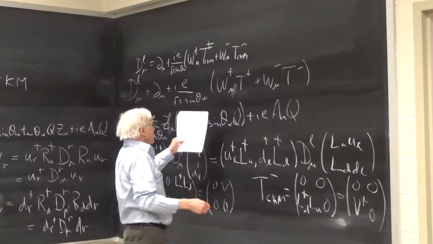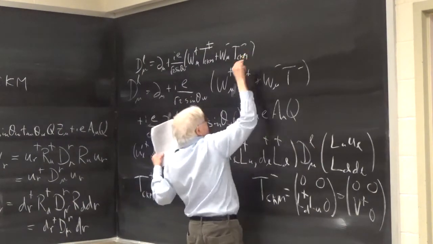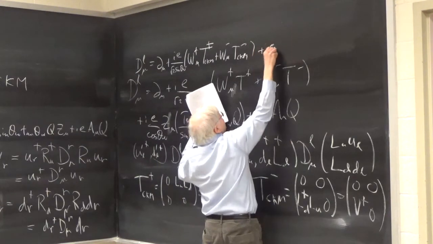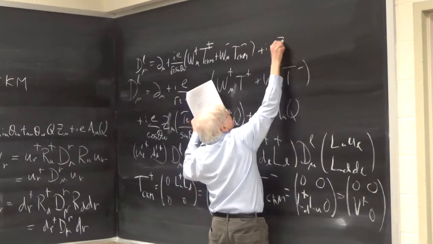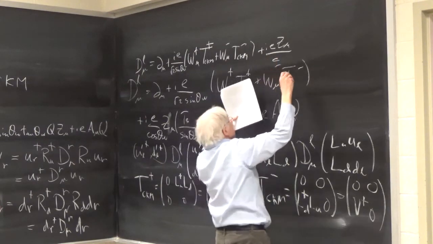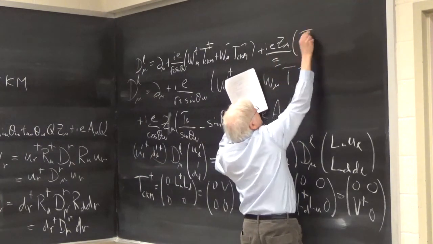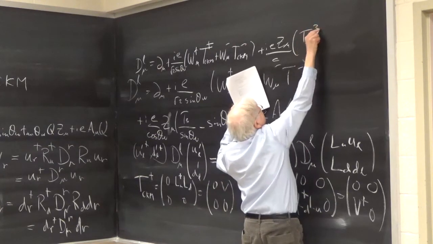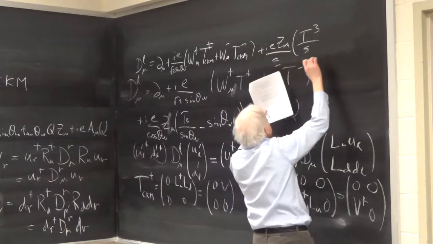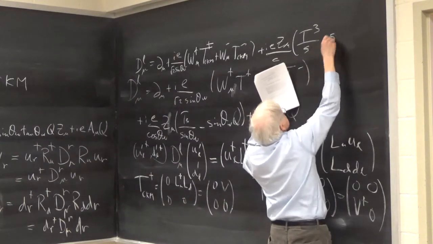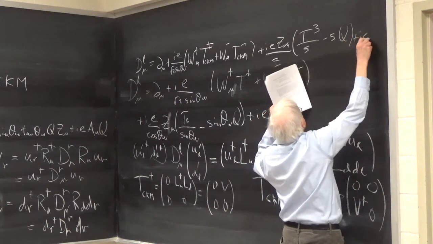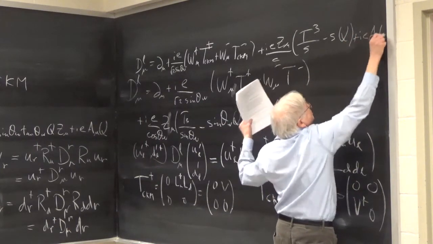That's the important part, because the rest of it is just the same as this. And so the rest of it is plus i e Z mu over, let me just write C for cosine, S for sine, T3 over C, minus S Q, plus i e A mu Q.